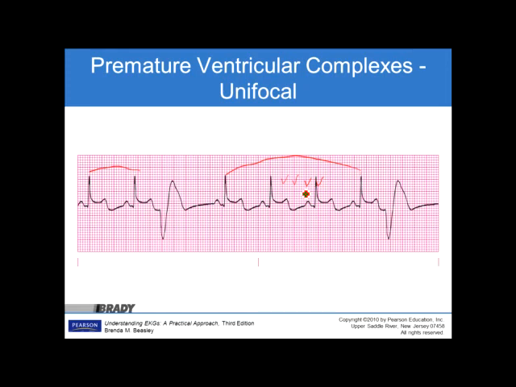So this patient's underlying rhythm is a sinus rhythm at about 75 beats per minute, even though by the 6-second strip method he's only perfusing 60 beats per minute.